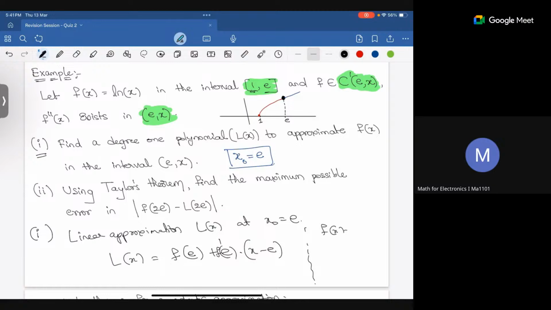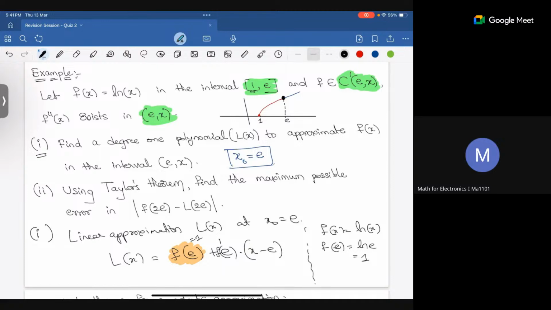We know f of x is ln x. So f of e is ln e. Most of you would know this: log e base e is 1. So we have f of e to be 1. Now we have to find f prime of e.